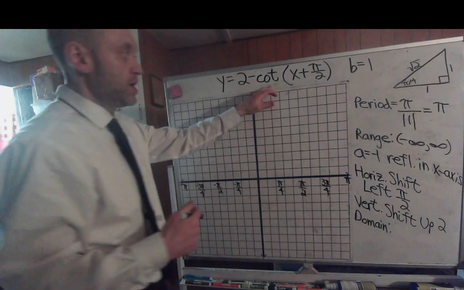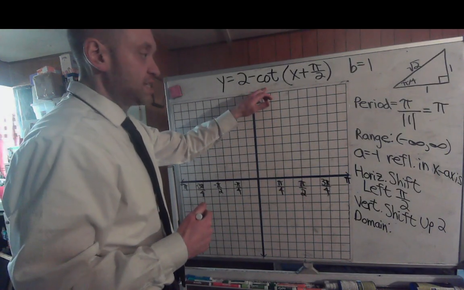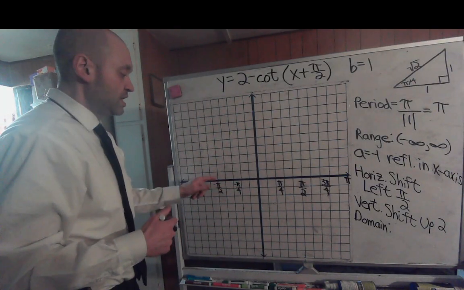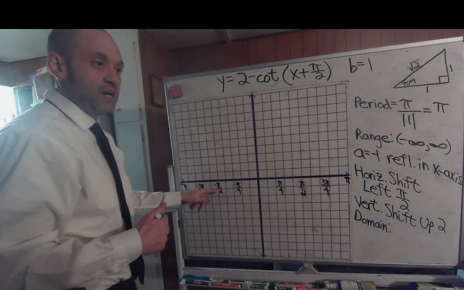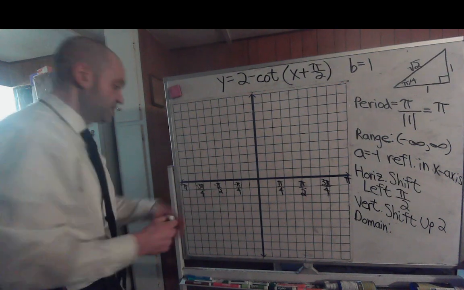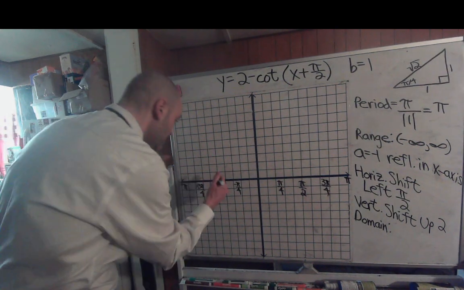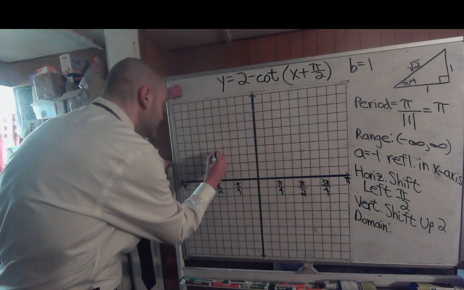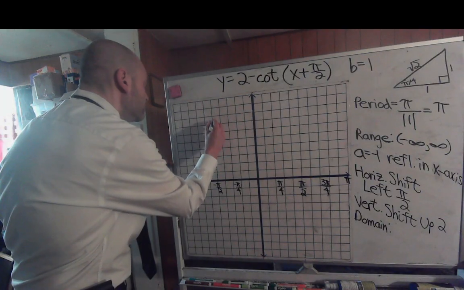Let's look at normal cotangent domains where it's not defined. Normally it's not defined at 0, but we're going left pi over 2. So if I put a negative pi over 2, that's going to give me the cotangent of 0 where the cotangent's undefined. So I'm actually going to have a vertical asymptote at x equals negative pi over 2.